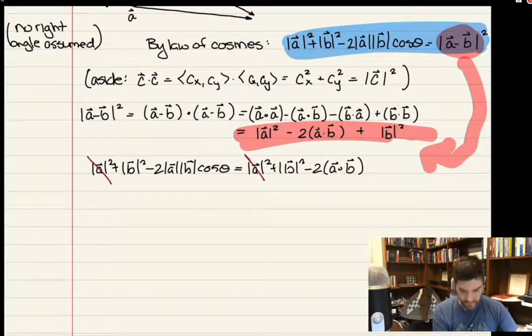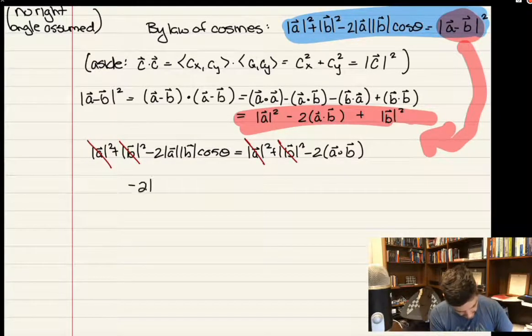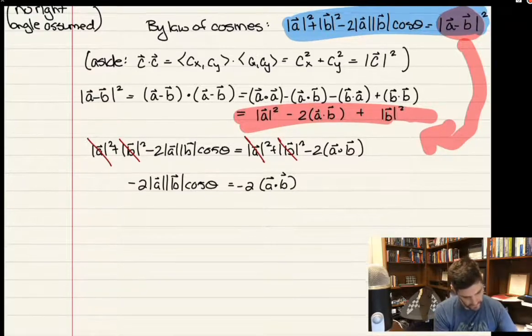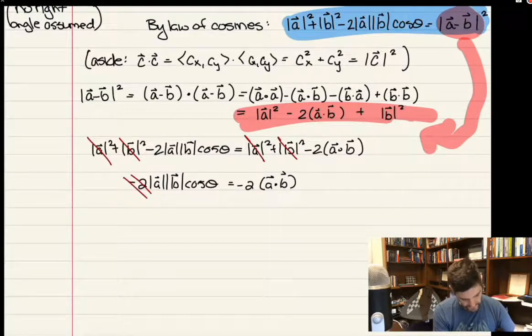There's an A squared on both sides. I could subtract that away. There's a B squared on both sides. I could subtract that away. That leaves me with minus 2AB cosine theta equals minus 2 A dot B. Minus 2's be gone.